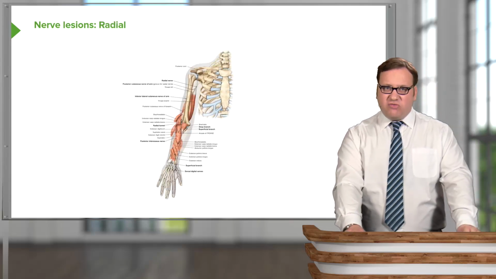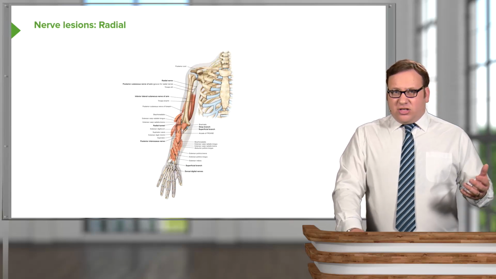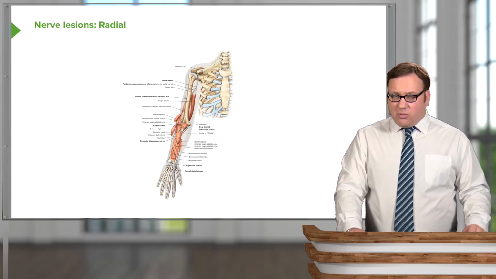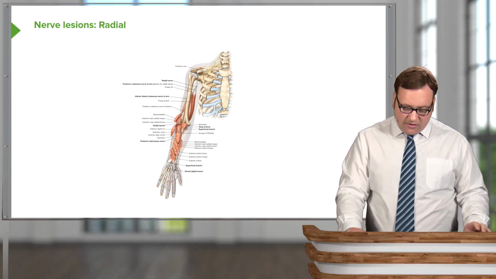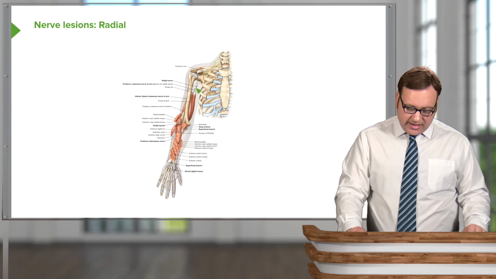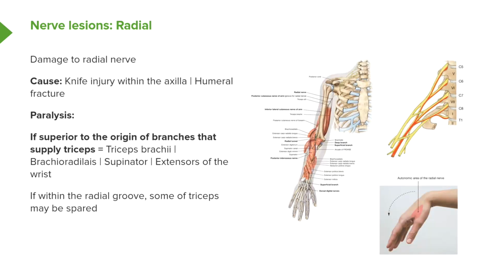If we now move on to the radial nerve, it passes to the posterior compartment of the arm, where it supplies triceps, and then it supplies the posterior surface of the forearm. We can see it here. It's passing from the posterior cord, it passes the triceps muscle, which it innervates. It then runs onto the posterior surface of the forearm, supplying the extensor compartment.